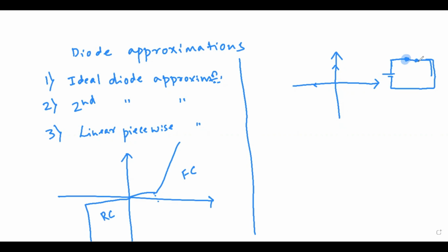Simply, we connect a conducting wire which does not have any resistance, and therefore, as soon as you apply a small voltage, it starts conducting. So this is the ideal diode approximation.